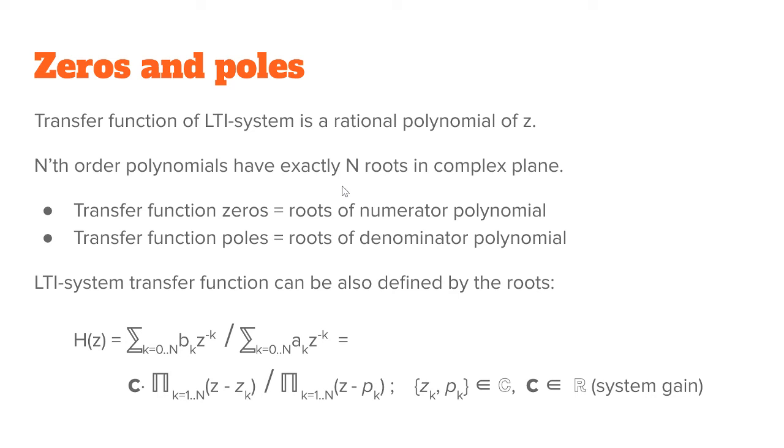So you can write this by basically multiplying and dividing by z to the n. The other way around, sum of k from 0 to n, make this positive polynomials of z: bk times z to the n minus k, divided by sum of k from 0 to n of ak times z to the n minus k again.